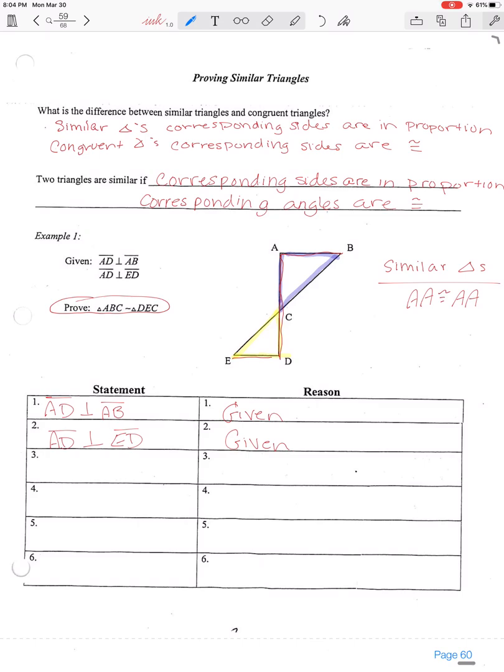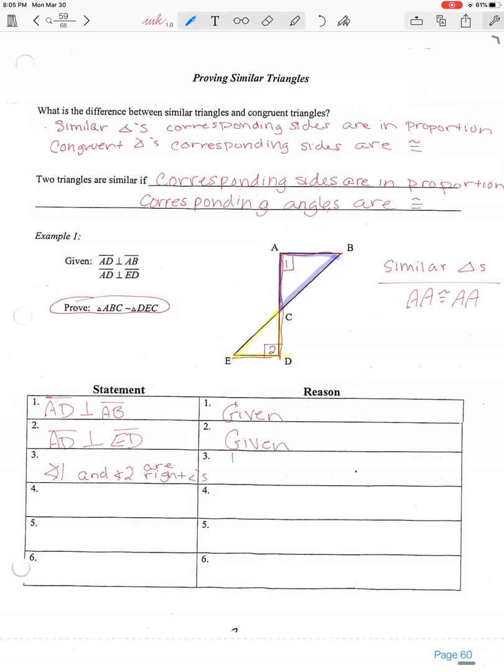All right, so we know what perpendicular means. And we know that when we see perpendicular, there's going to be two statement reasons I'm going to need that go together. So since we have perpendicular here and here, we know that angle 1 and angle 2 are right angles.